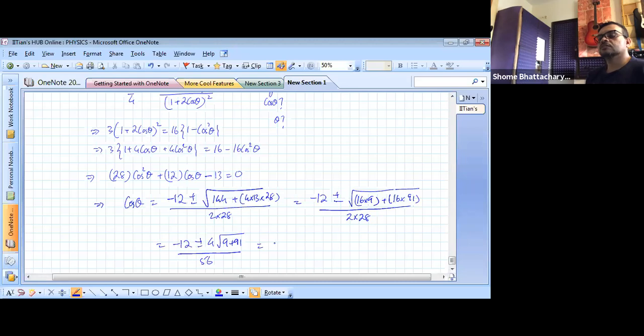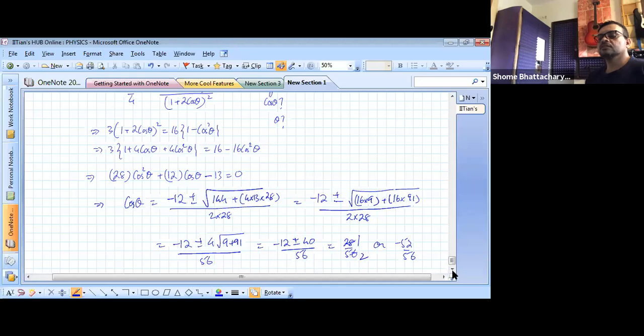That is minus 12 plus minus 40 divided by 56. That will become either 28 by 56, which is half, or minus 52 by 56.